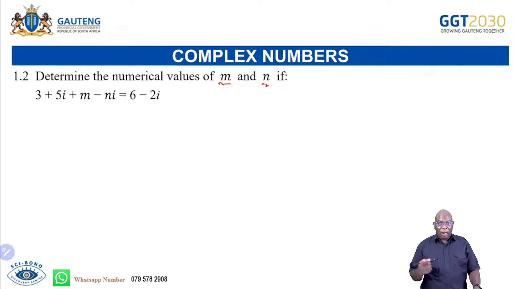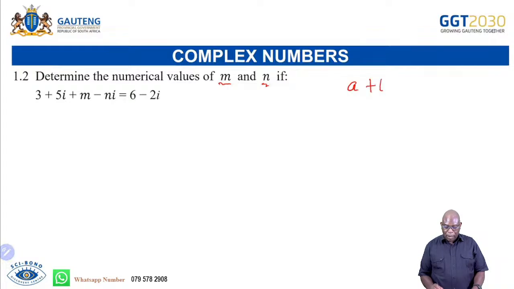Now, how do we do this? Remember, if I've got, for instance, A plus BI equals M plus NI, the real part here will be equal to the real part on the other side. And the imaginary part here will be the same as the imaginary part on the other side.